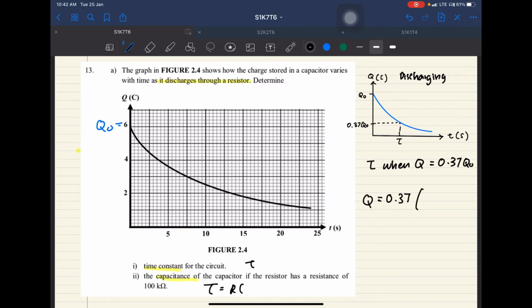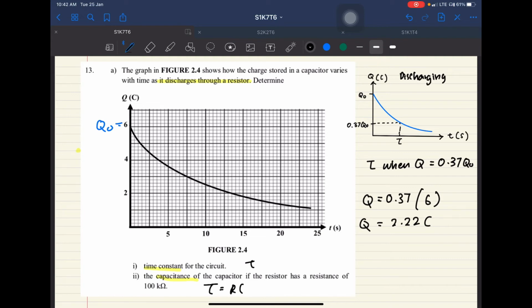So multiply with 6. Be careful, sometimes they put a prefix over there, so you have to be careful. Here there's no prefix. Sometimes they put micro or something. So 0.37 multiplied by 6, I got 2.22 coulomb. So I have to extrapolate from the graph 2.22.